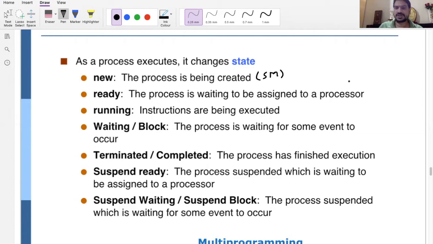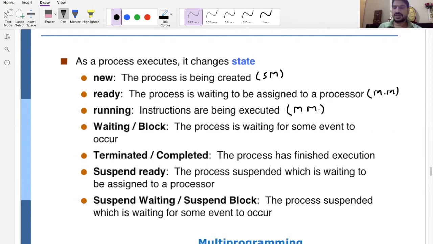The process will be in the main memory. When the process instructions are executing, then also that process is in the main memory, but some of its instructions are executing in the CPU. So actually it is there in the main memory.